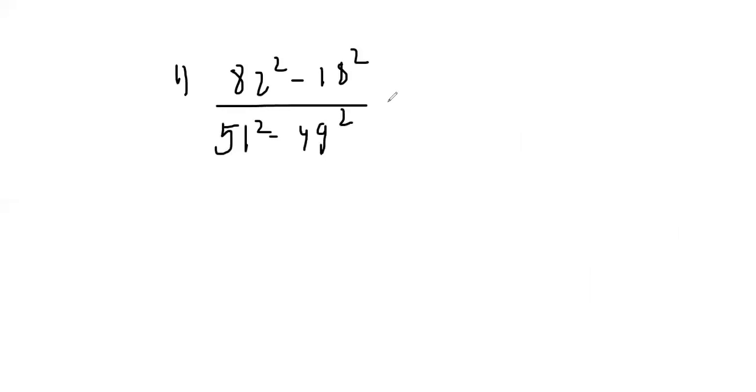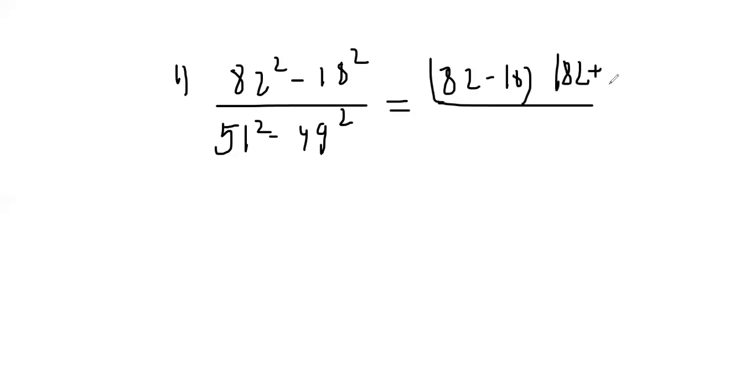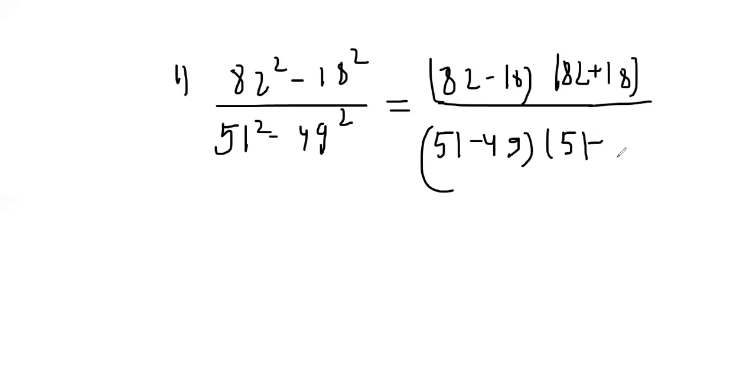The first exercise is: calculate the numerical value of this expression divided by 51 squared minus 49 squared. Of course, we know a squared minus b squared equals (a minus b)(a plus b), so it is 82 minus 18 times 82 plus 18, divided by 51 minus 49 times 51 plus 49.